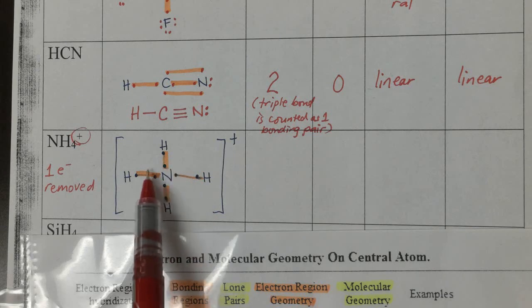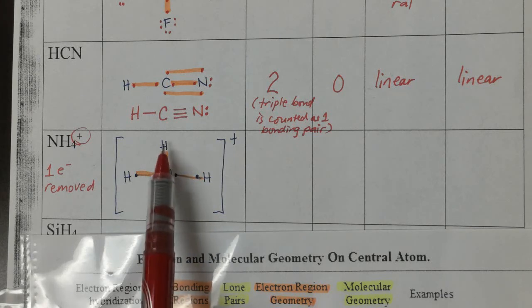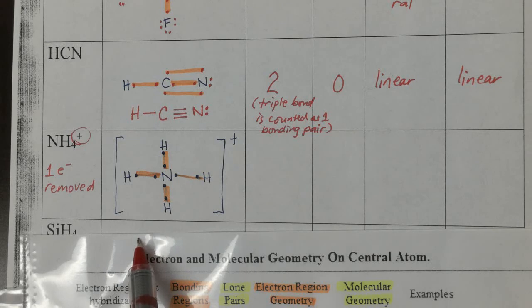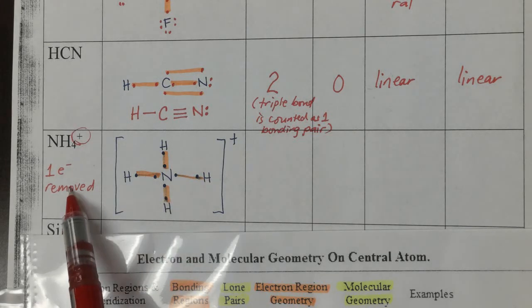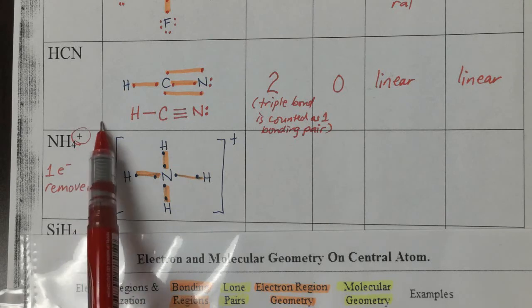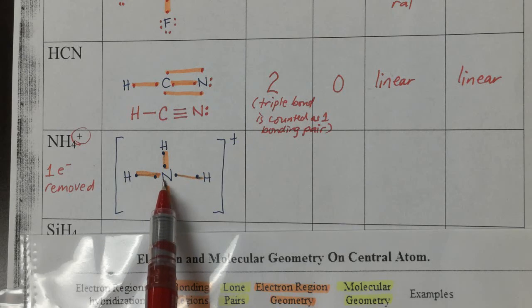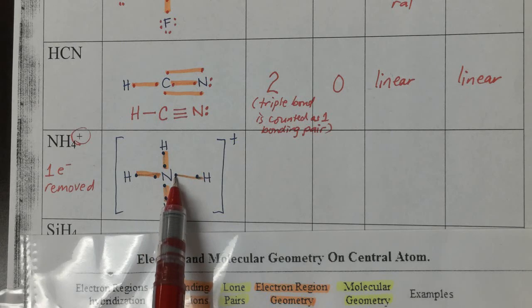So if you look at the 5 electrons of nitrogen, there are 4 hydrogens that it can bond with. 5 minus 4, I'm left with 1 electron. That 1 electron cannot be alone. So I can answer the question, where can I remove that 1 electron from the charge? That 1 electron will be removed from the nitrogen, the central atom. So 5 minus 1, I will be left with 4 dots already.